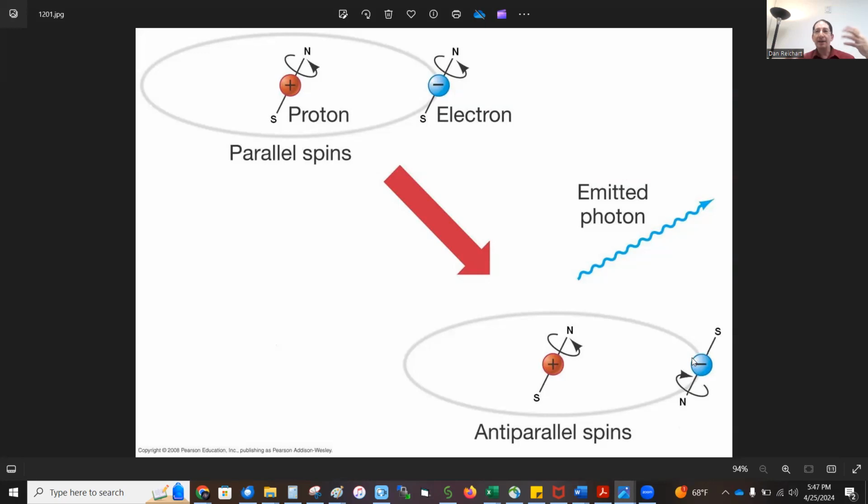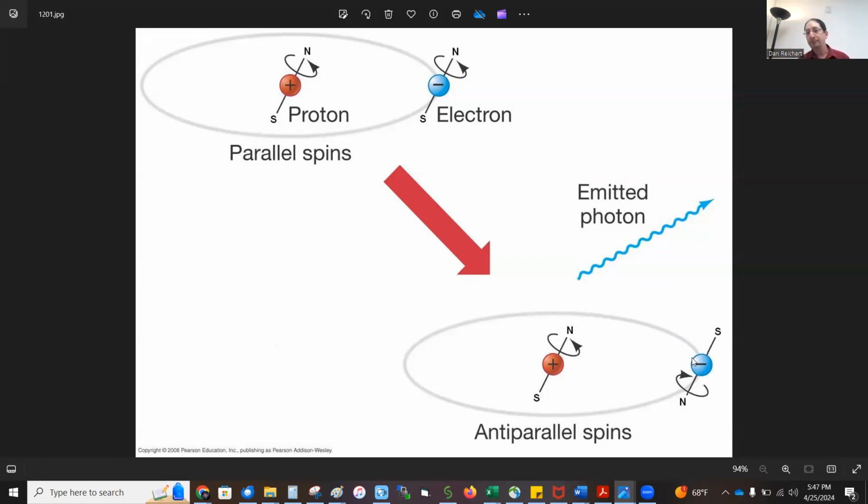Assuming the hydrogen atom doesn't bump into anything else, after a certain amount of time, it decays. And that amount of time we characterize with something called the half-life. If you had a whole sample of these in the excited state, after one half-life, half will have decayed to the lower state. After another half-life, half of what's left would decay, and so forth.